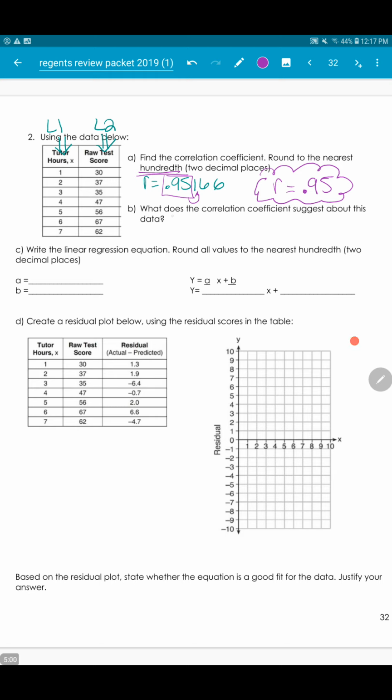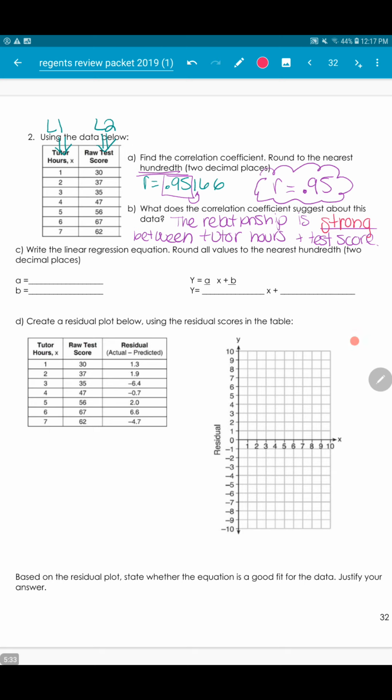So the relationship is strong or weak between tutor hours and test score. So I always state what the X and Y's represent. So what is this relationship? 0.95. That is a strong relationship.